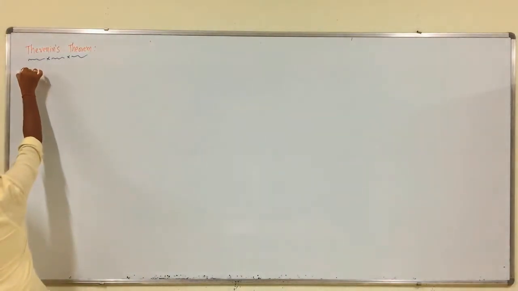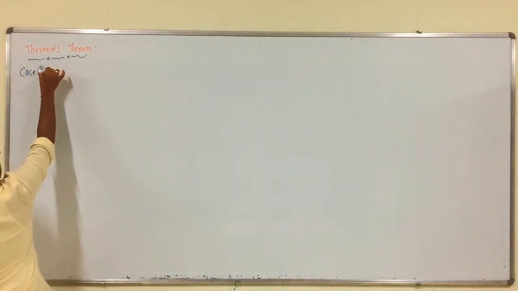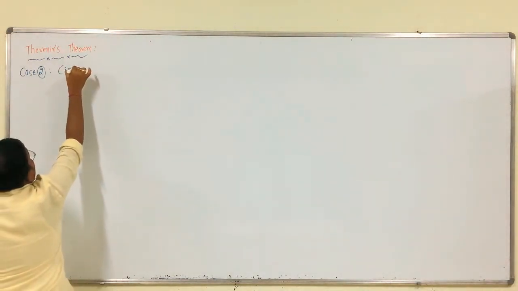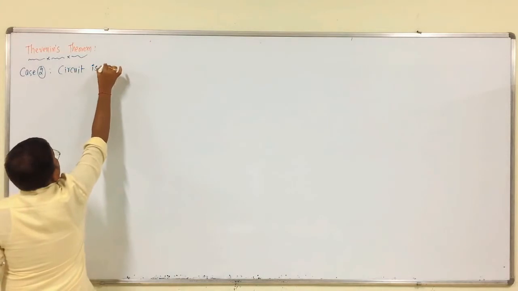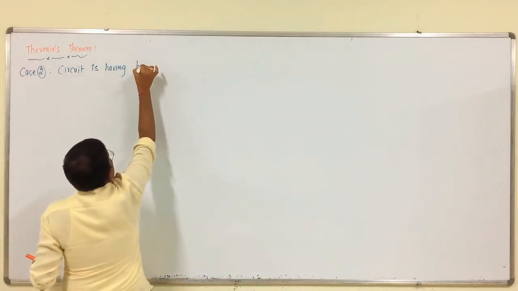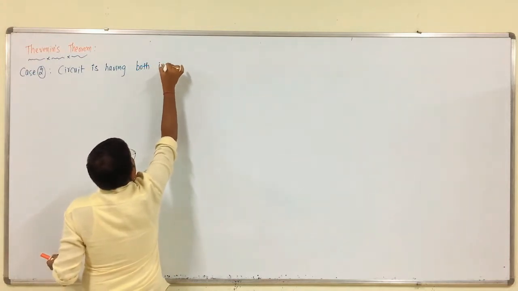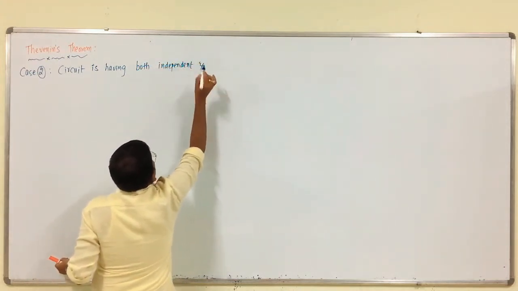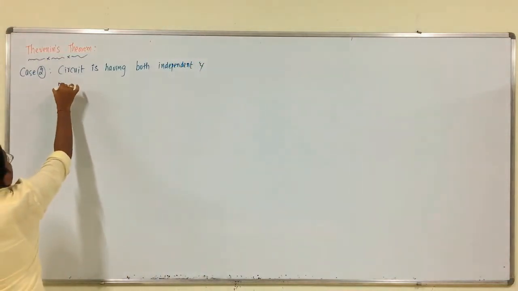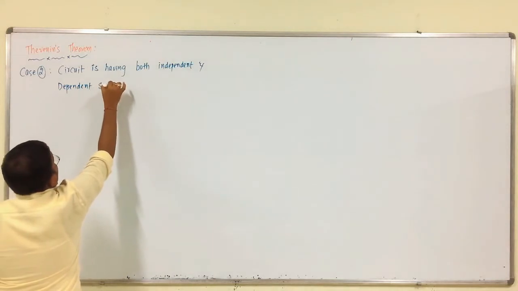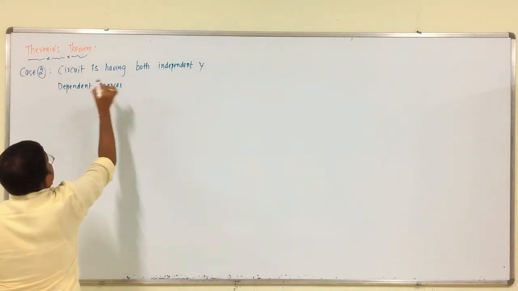Case 2. The circuit is having both independent and dependent sources.